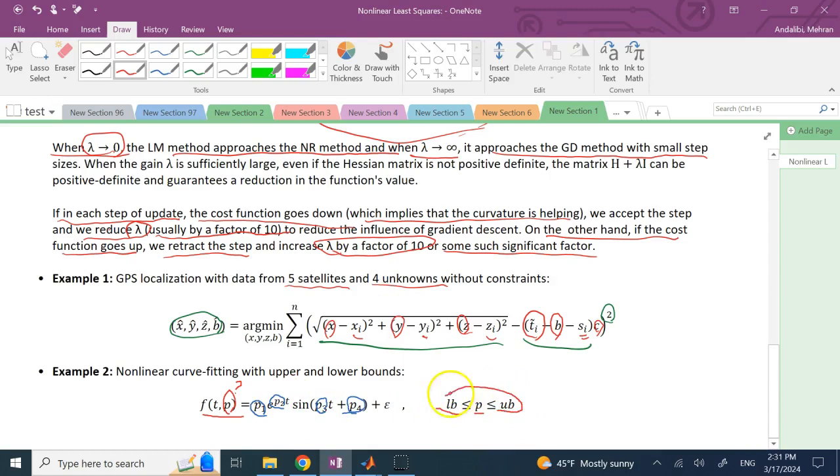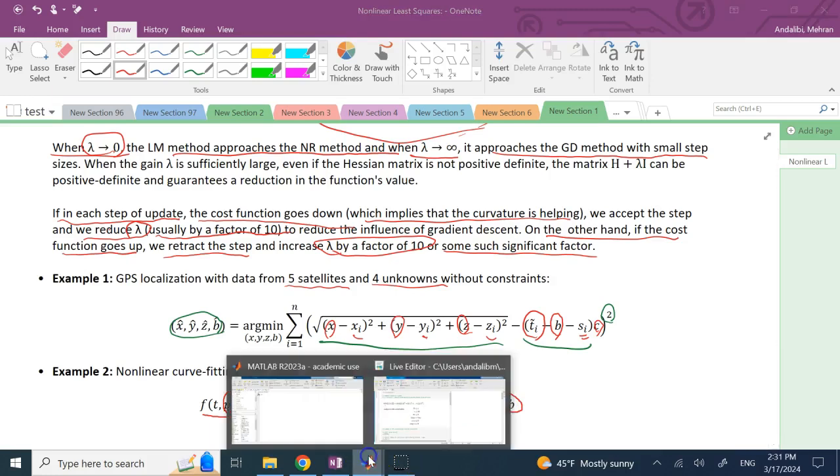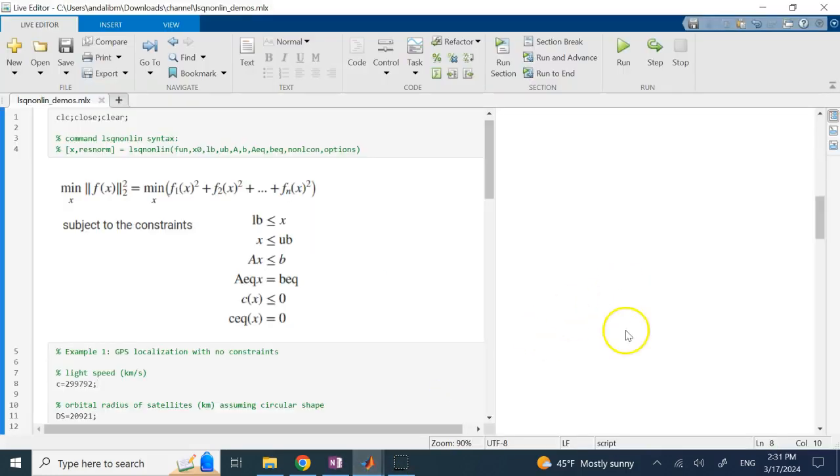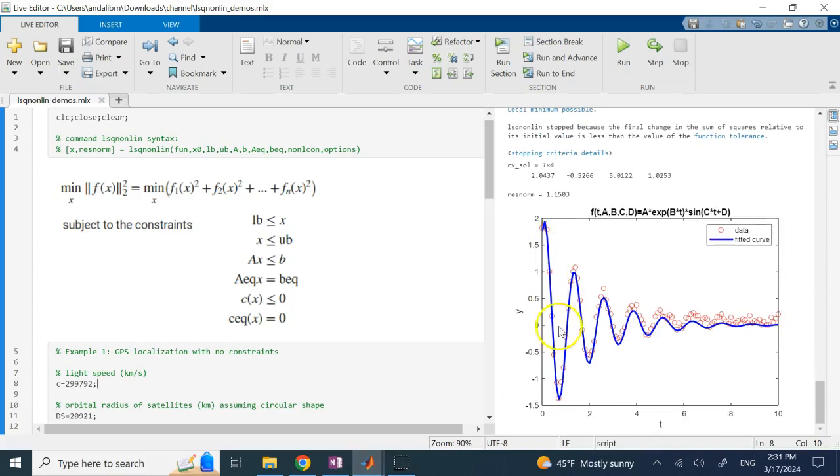So I have limits on how far each one of these 4 parameters can be. So this is the kind of optimization that I want to do. So basically what I have are these red points, these red circles. These are the data I collected from a vibration test. And my goal is to find the parameters of a function, those 4 parameters, like this blue curve, that can fit this data.